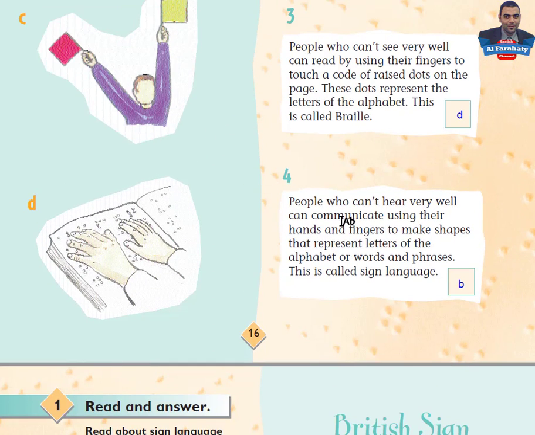Look here. People who can't hear very well can communicate using their hands and fingers to make shapes that represent letters of the alphabet or words and phrases. This is called sign language. So if I ask you what is sign language, you can find the definition here.